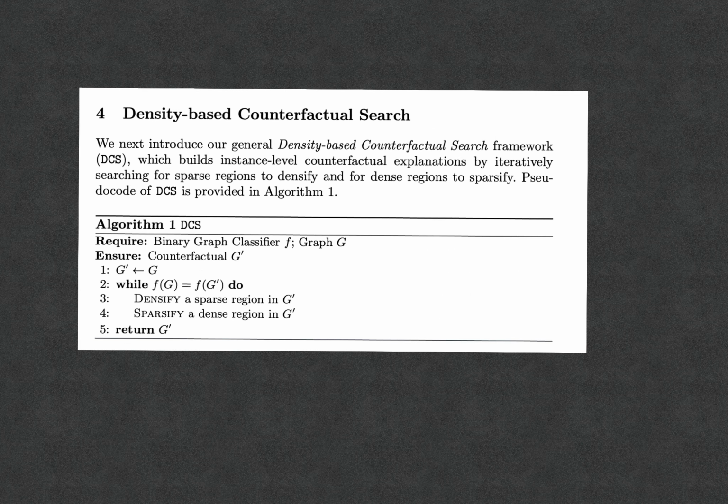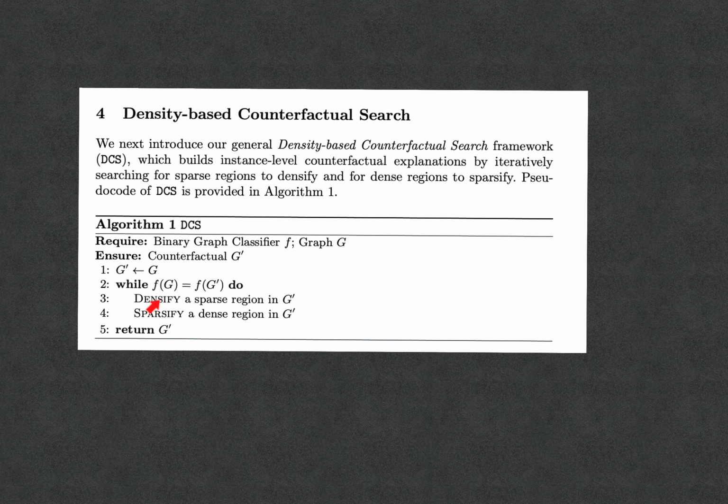In section 4, they start talking about the density-based counterfactual search, or in short, DCS. They do this step iteratively, meaning that you go from G to G prime. So initialize G prime as G, and while the output is still the same, you do this transformation.